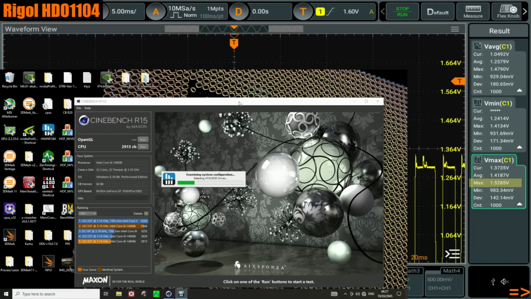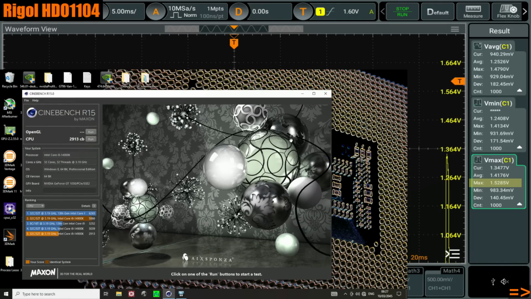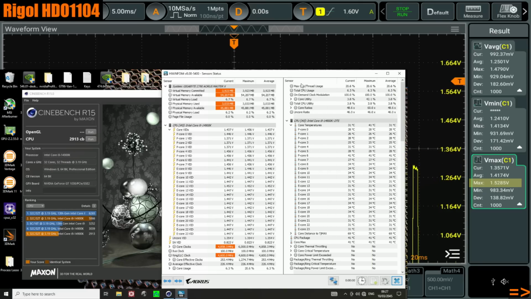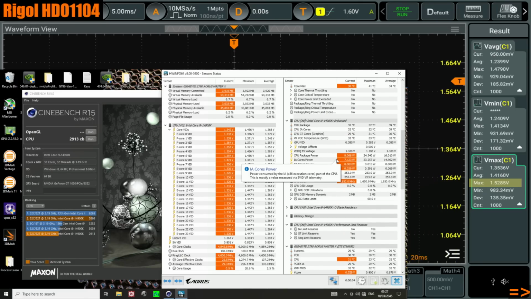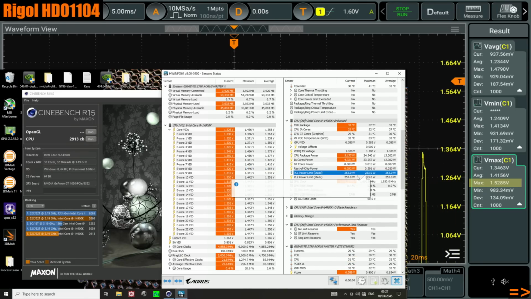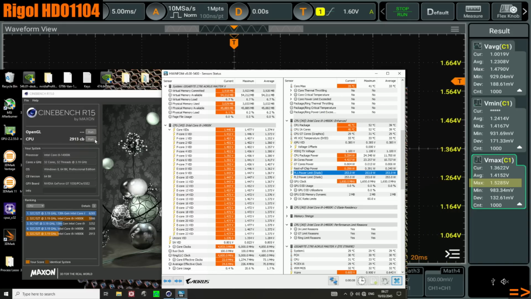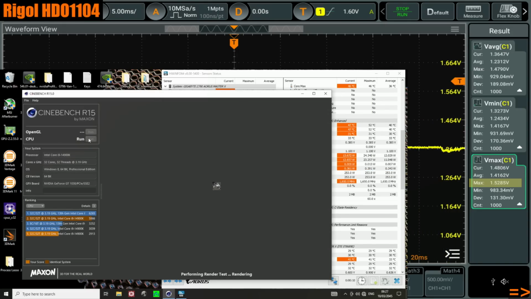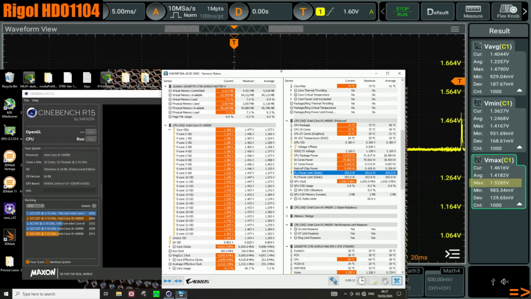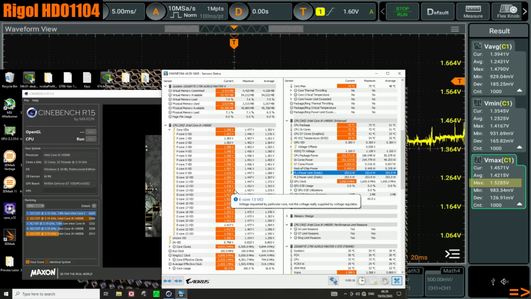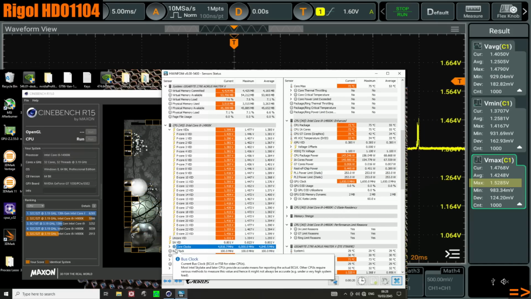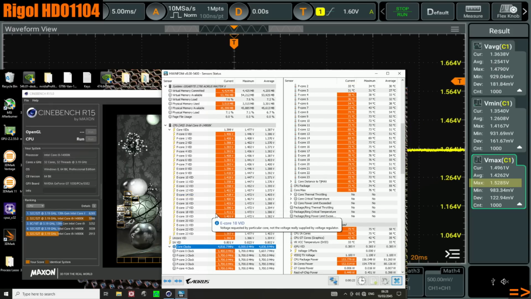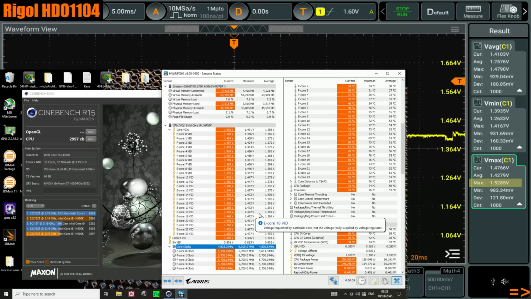Are we on the Intel default profile instead of the Intel default extreme profile? Nah, it says 253. Is CEP kicking in? Oh, we're hitting CEP.